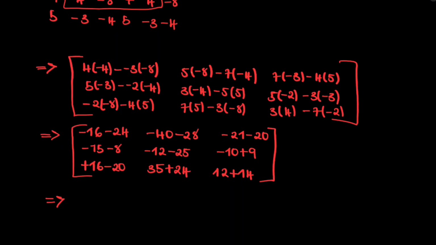So 5 times minus 8 is minus 40 plus 28. Let us simplify. Minus 16 minus 24, we have minus 40 plus 28, so minus 12.